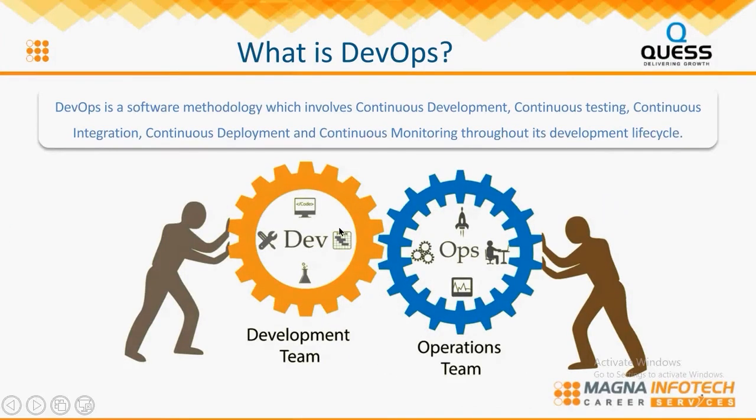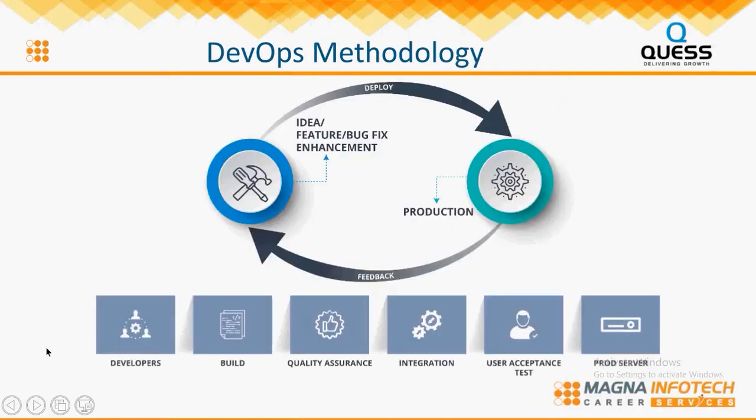So this is our journey so far. We spoke about continuous deployment, testing, development, integration, and monitoring. We'll see what the different tools are. Usually you have developers, you take the build, quality assurance, integration, user acceptance test, and production server. Whenever you fix a bug, you deploy it into production.